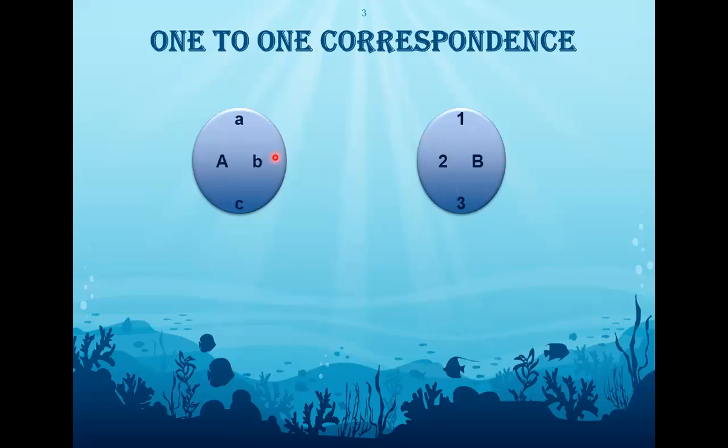So as you can see, A and B are the sets here, and set A has elements a, b, and c, and set B has elements 1, 2, and 3.